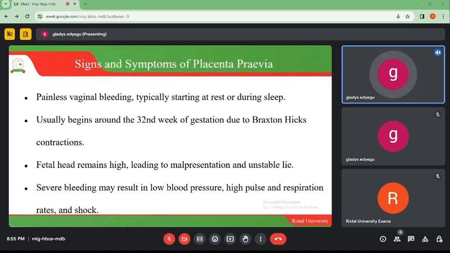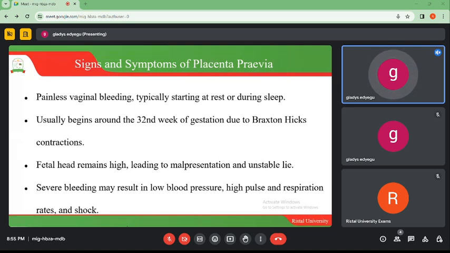It will not descend, and the placenta has covered the lower segment of the uterus. It can also cause an unstable lie, and it may end up transverse, because the baby is trying to find which diameter can accommodate its length.